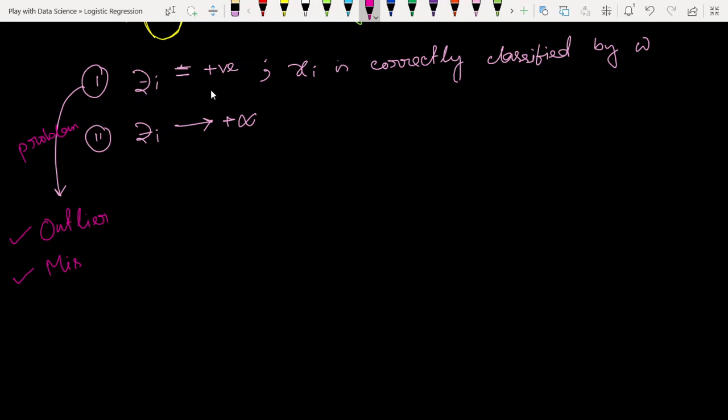If zi is positive, then we already know xi is correctly classified. But we have two problems. One problem is our outlier problem. The second problem is our misclassification problem.